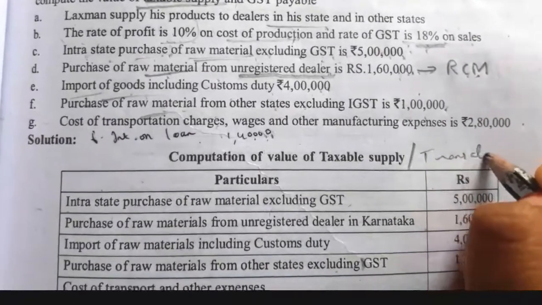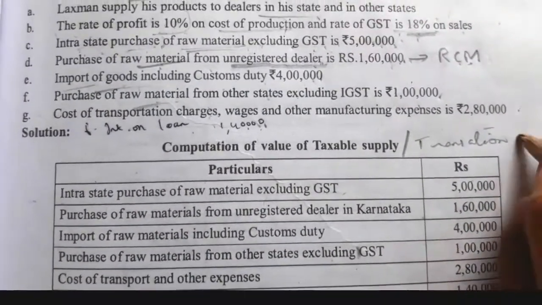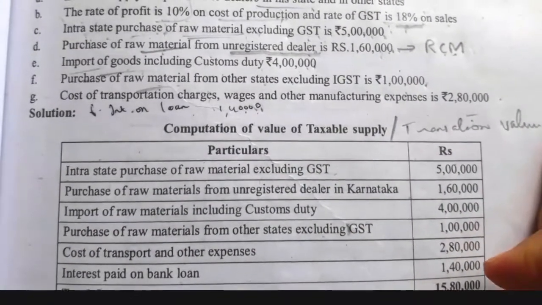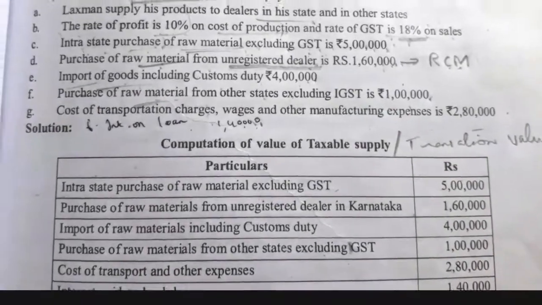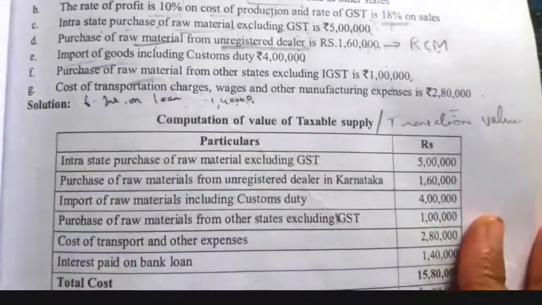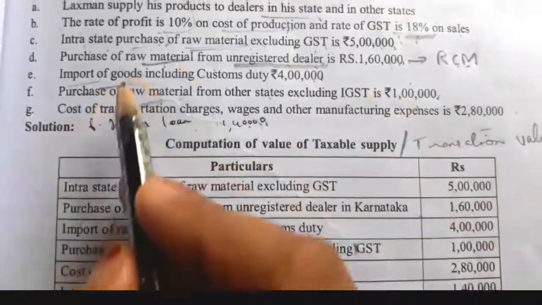So now write the heading computation of value of taxable supply or transaction value. Under that, the selling price or quoted price or cost price is not given, but we have to find the cost here. So with the help of various purchases we have to take one by one.